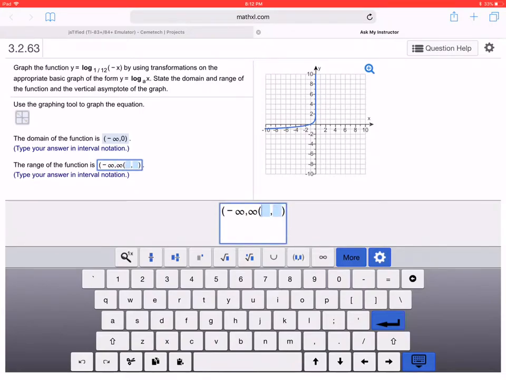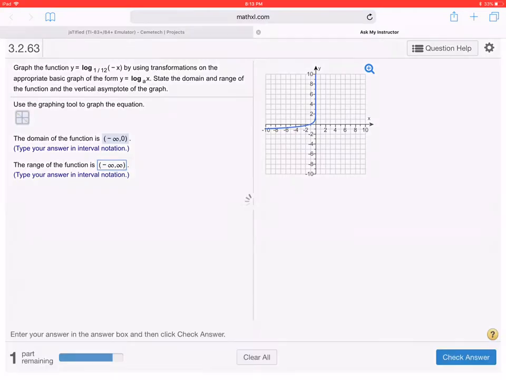I'm going to just start over. Now we want to say negative infinity up to infinity. Okay, now it looks right. Enter.